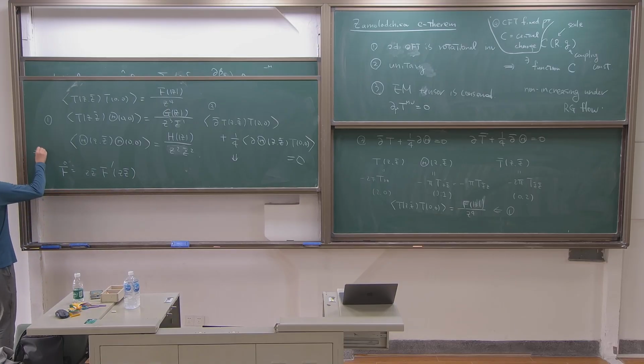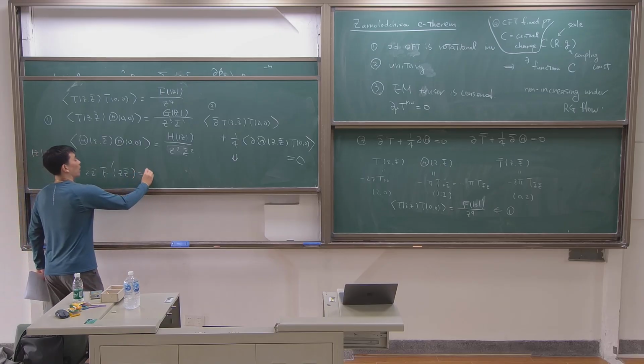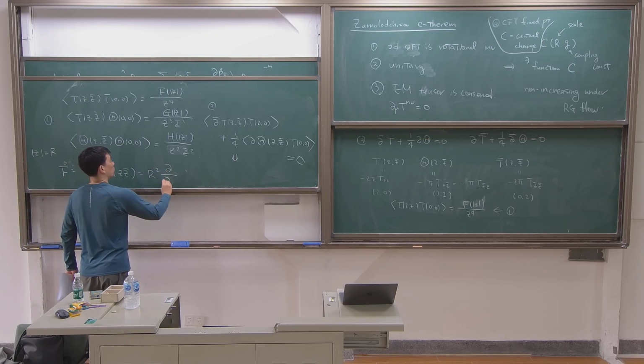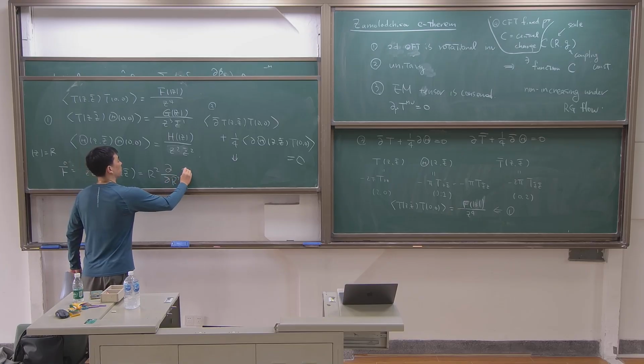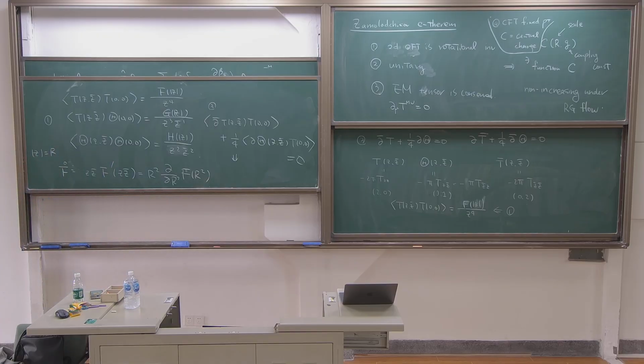Essentially, if you write down r, this should be r squared times the derivative with respect to r squared of f of r squared. So this is what it means. I mean, z z bar is equal to r squared, the radius squared.